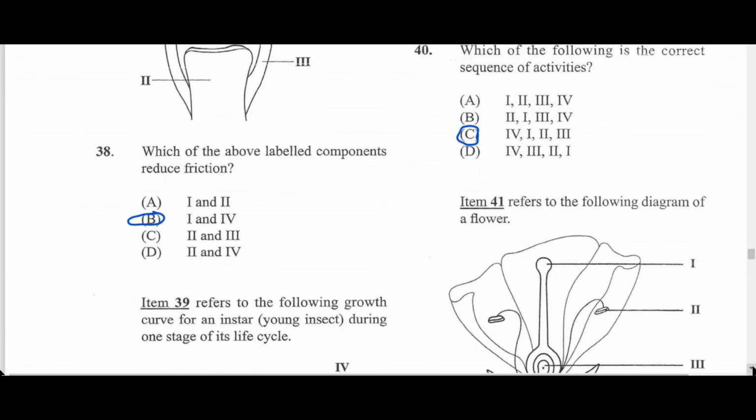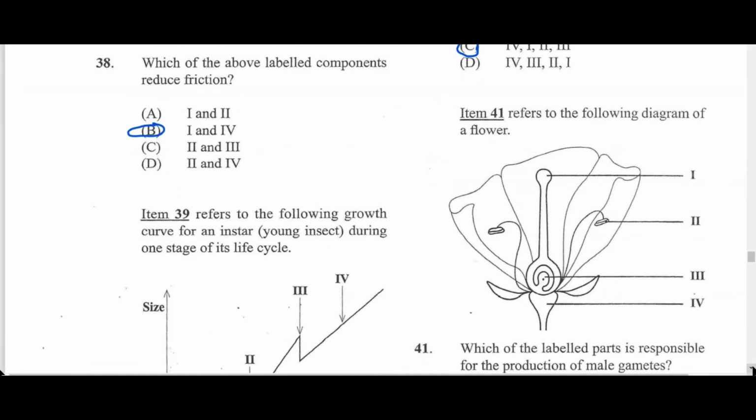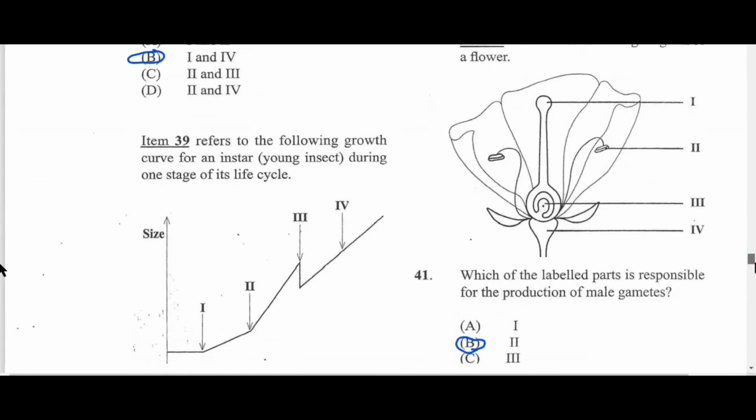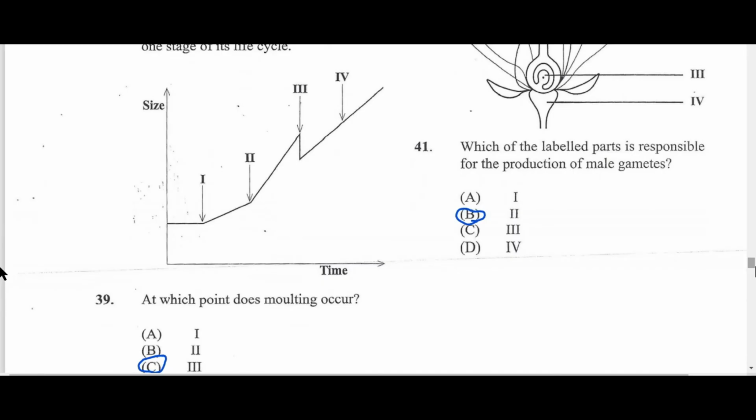We move on to 39. Refers to the following growth curve for an instar during one stage of its life cycle. Now, this is a wonderful question. At which point does molting occur? Now, molting, different animals experience or show molting differently, right?